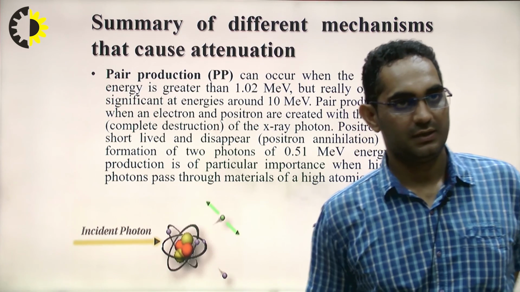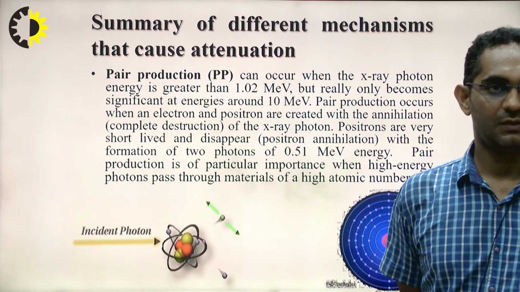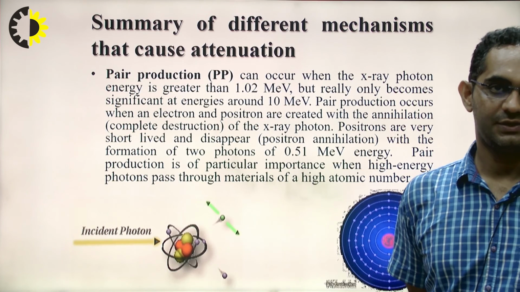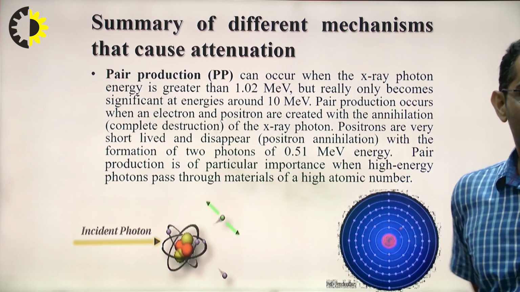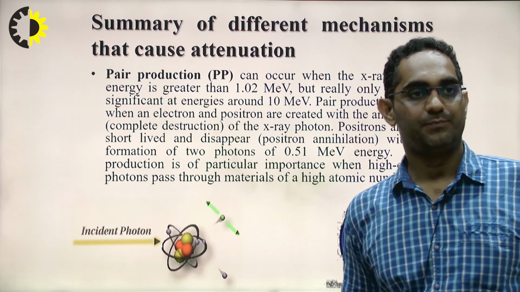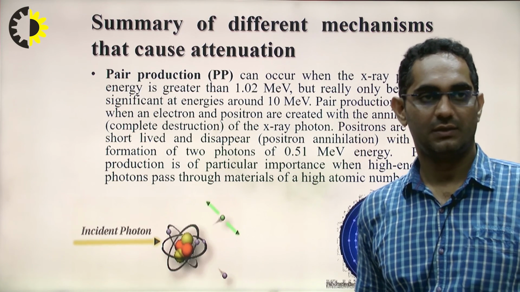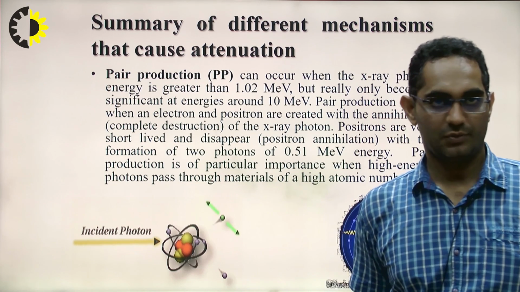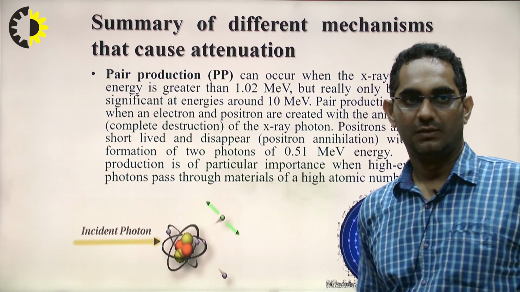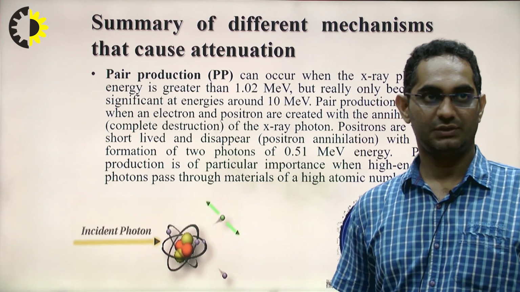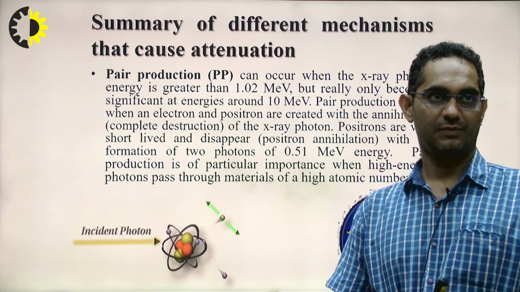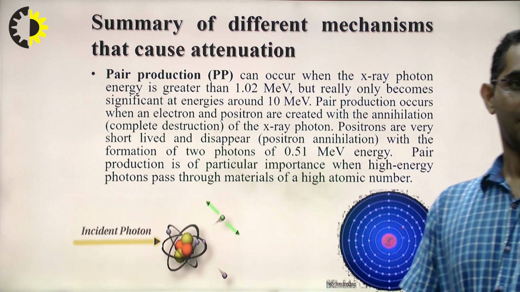Positrons are very short-lived and disappear by positron annihilation with the formation of two photons of 0.51 MeV energy. Pair production is of particular importance when high energy photons pass through materials of high atomic number. So, this is the summary of the different mechanisms that cause attenuation.